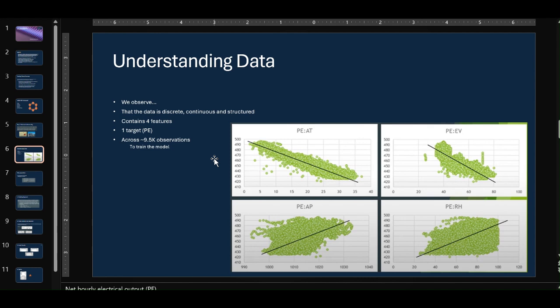Now we can also create a quick scatter plot in Excel to begin understanding at a high level the correlations between the different parameters, the features, and our output. From these four graphs, we see that there's a strong correlation between temperature and the exhaust vacuum to the energy output. So these may be good features to start with.